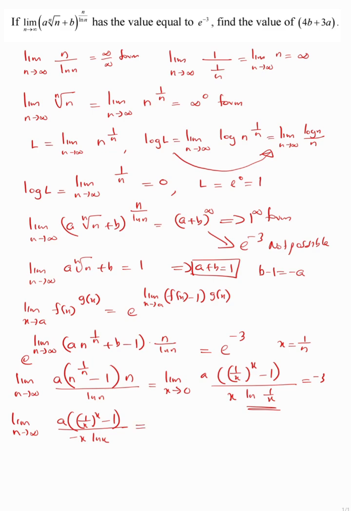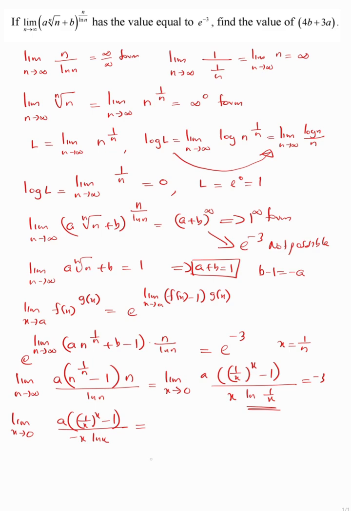Which form is this? Denominator is x into ln x. Numerator is 1 by x raised to x. You see n raised to 1 by n and 1 by x raised to x, here x tends to 0. Both are the same. N raised to 1 by n tends to 1. 1 by x raised to x also tends to 1. So this numerator is 0. Denominator is also 0.